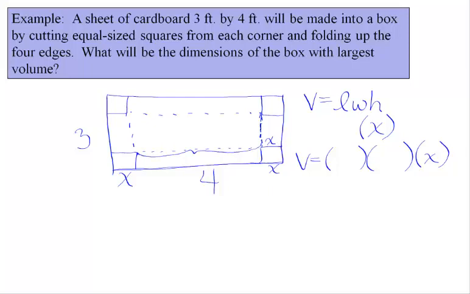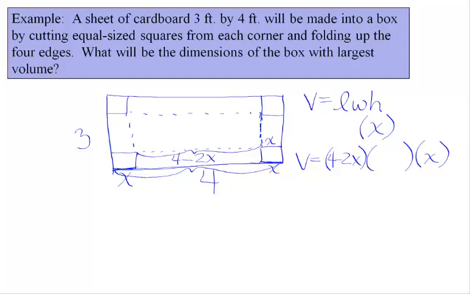How could I write that in terms of x? Well, the whole thing is 4, and I've cut one x out and a second x out. So this distance is actually 4 taking 2 x's out. That's how I could write the length in terms of x.